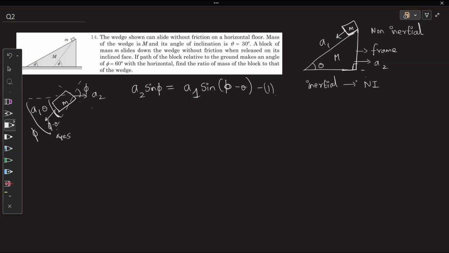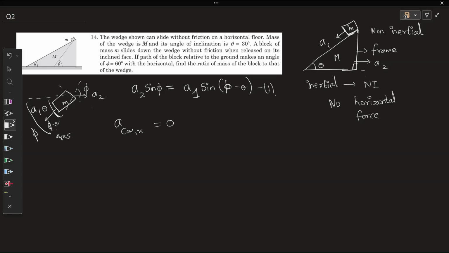And the second equation is, if you consider the wedge and this block as a system, there is no horizontal force, correct? So the acceleration of center of mass, ACOM, in x direction is 0.